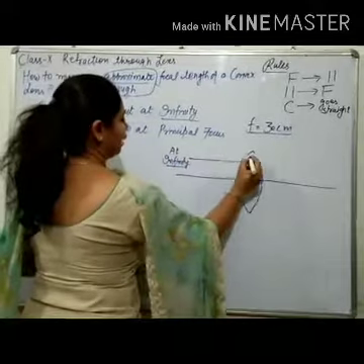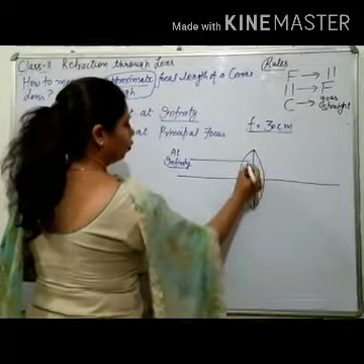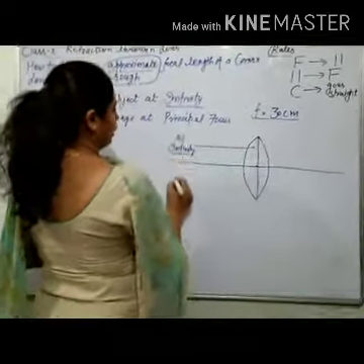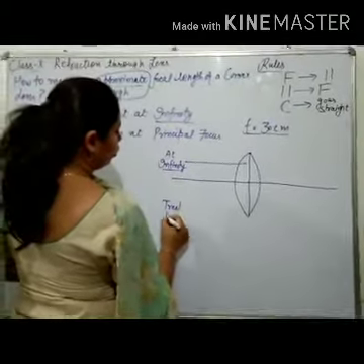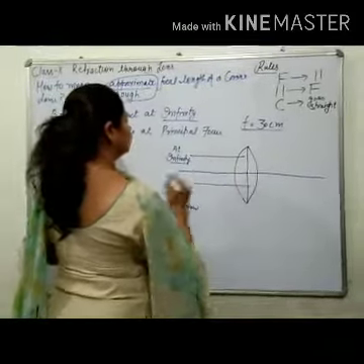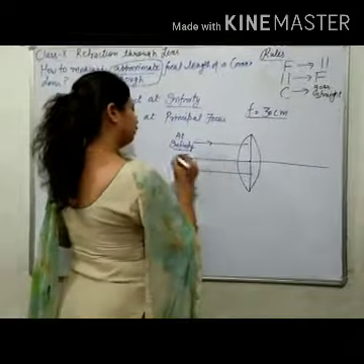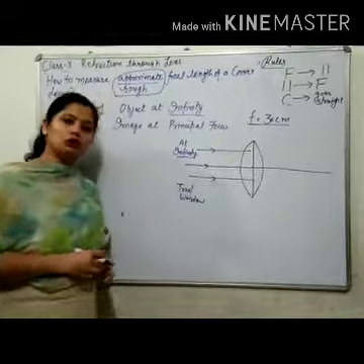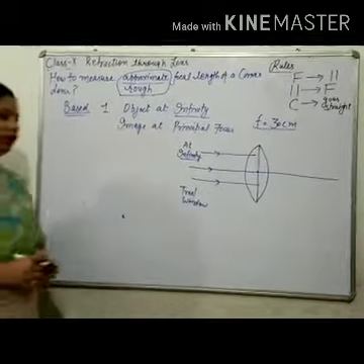So, from that tree or from that window, either tree or window you can focus. The rays will be parallel to each other because from infinity rays are parallel to each other.